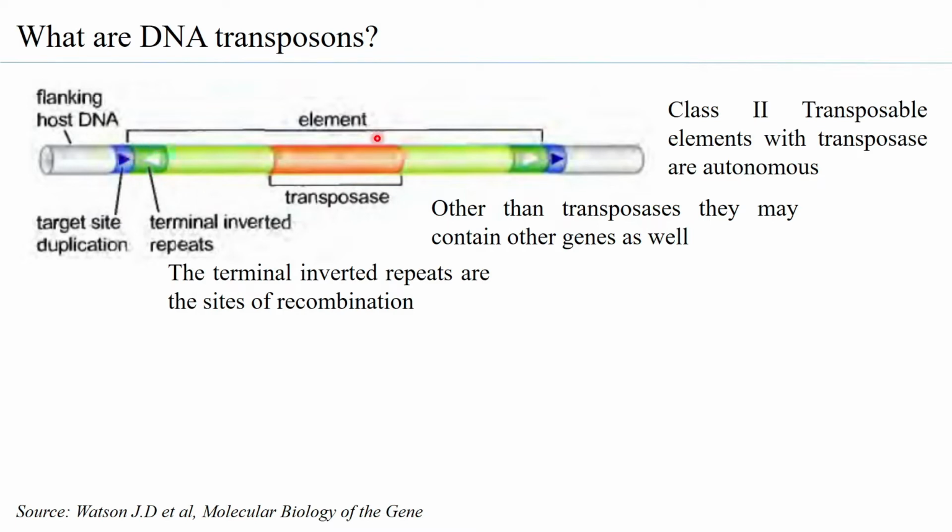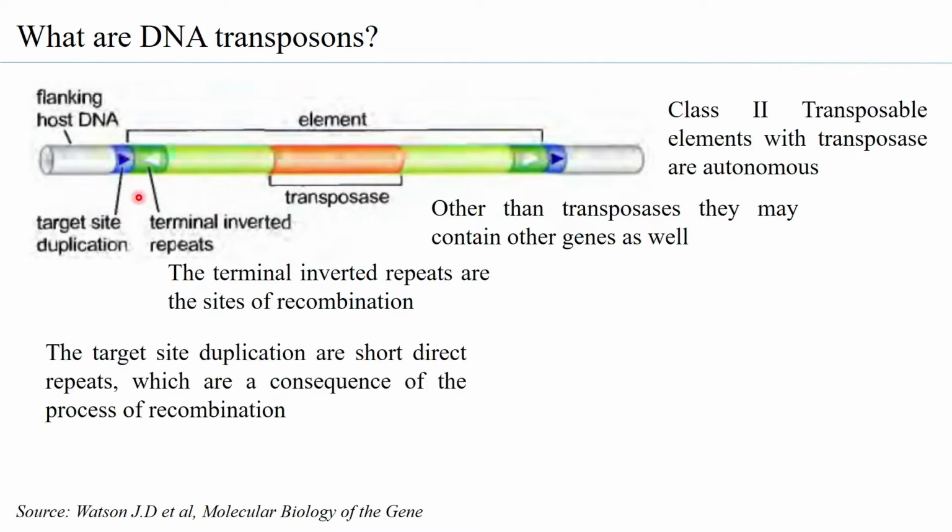And on both sides of the terminal inverted repeats is what is called a target site duplication. Now we will try to understand how these target site duplication sites are formed. But they are basically short, direct repeats. When you look at inverted repeats, you can see that the sequence that is present on this side will be present on the other side, so both are, with respect to each other, inverted.